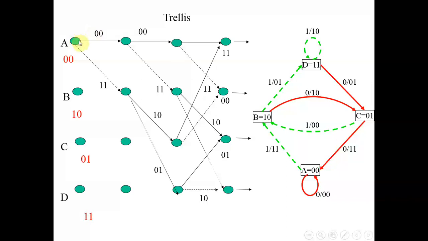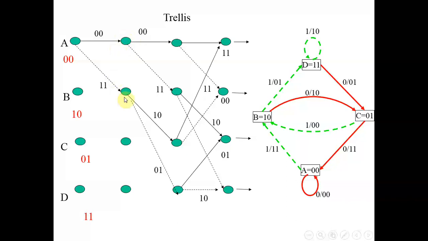So this transition is 0 to 0, which is this state. Then when you receive 1 in A, I go to B with output 1 1 as a dotted line. So this dotted line indicates you've moved from A to B, right? So in the first clock cycle, or with the first bit, only A is active, and once you receive the bit, you have 2 transitions, A to A or A to B, right?